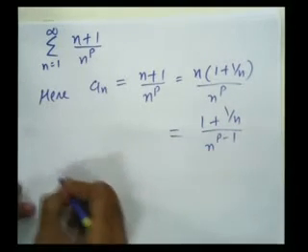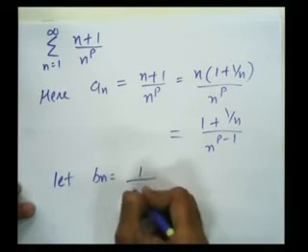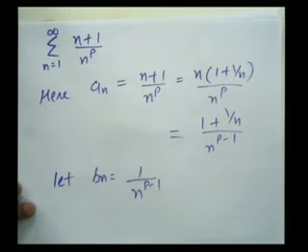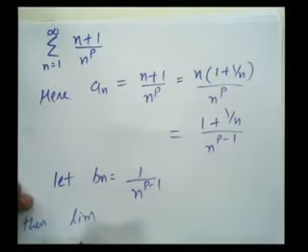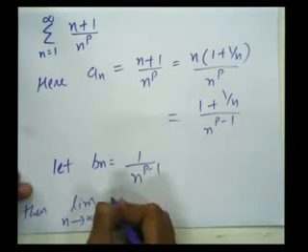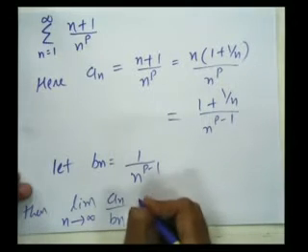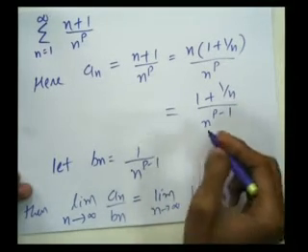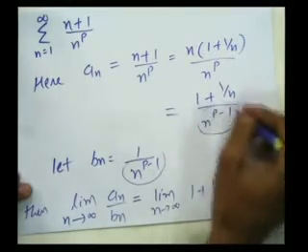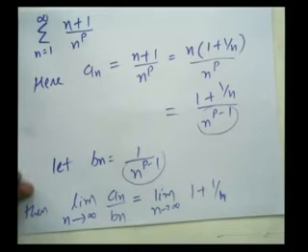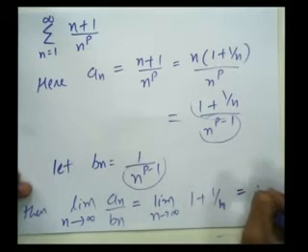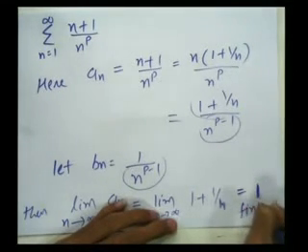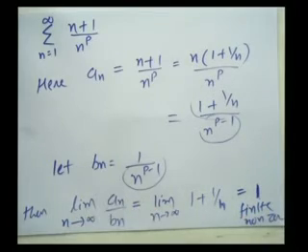So we will let bn be equal to 1 upon n raised to P minus 1, and then the limit as n tends to infinity of an upon bn is equal to the limit of 1 plus 1 upon n, because this part, n raised to P minus 1, cancels in an upon bn and the rest is 1 plus 1 upon n, which is equal to 1 plus 0 is equal to 1. This is finite and non-zero.